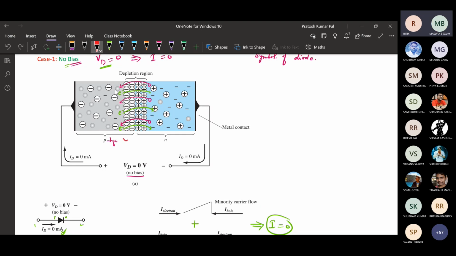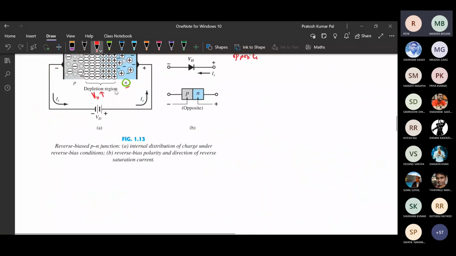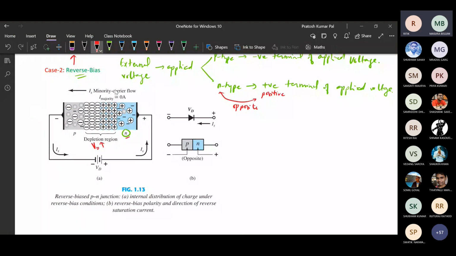So there is a barrier voltage available, okay. Only if the electrons have sufficient energy will they cross this barrier potential. But in the reverse bias case, we are applying the reverse bias potential, so the barrier voltage has increased. So it is now impossible for these electrons, the majority carriers, to cross this barrier voltage, okay.